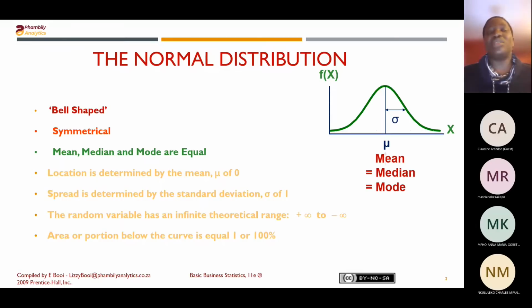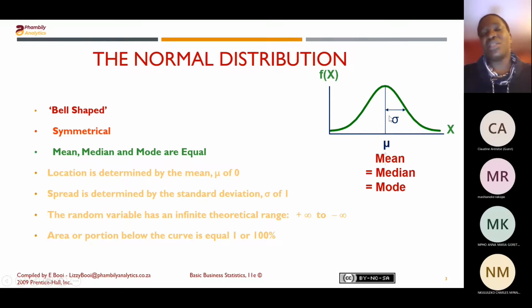A normal distribution is usually represented by a bell-shaped curve graph, where the center of that bell-shaped curve tells you the shape of the distribution of your data, where in the middle you have the mean.